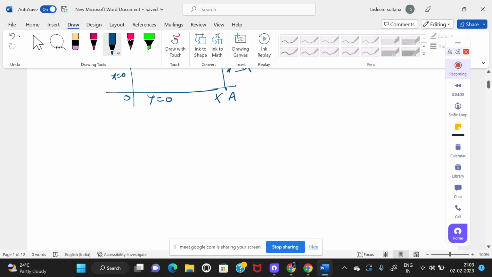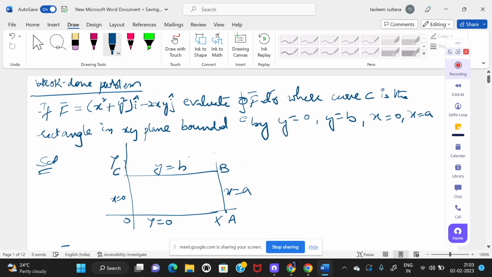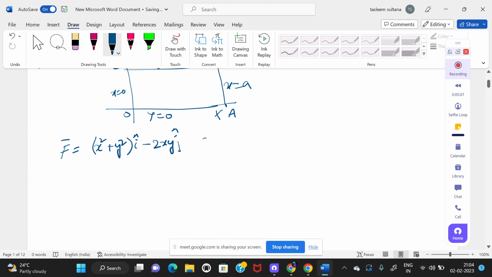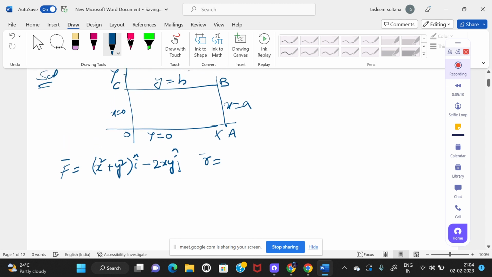Now we need F vector dot dr vector. First, we'll write the given vector. F vector is equal to x square plus y square into i vector minus 2xy into j vector, where your r vector is equal to x i vector plus y j vector plus z k vector.